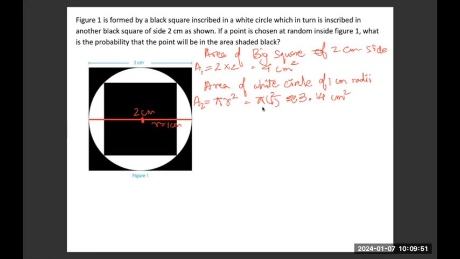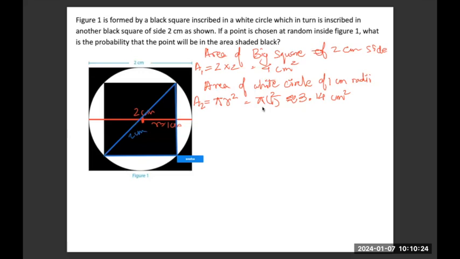Now, I know, one second, let me draw another line. This blue line which I have drawn is also the radius of the circle. That dimension is also actually 2 centimeters only. This blue line is the diagonal of this blue triangle which I have drawn.